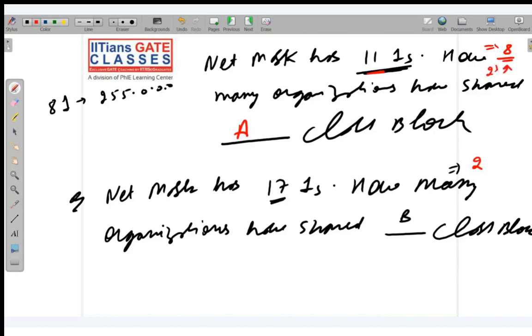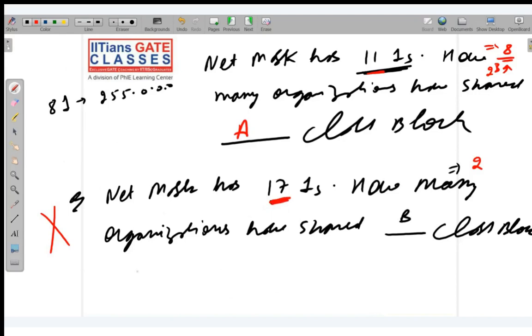But actually this answer is partially correct and partially wrong. Actually this question is ambiguous. GATE will never ask this question. Why? Because the net mask contains 17 ones, so it might be of class A. A class A block has 8 ones only, so you have borrowed 9 ones, so 2 power 9 organizations have shared it. That is also possible.